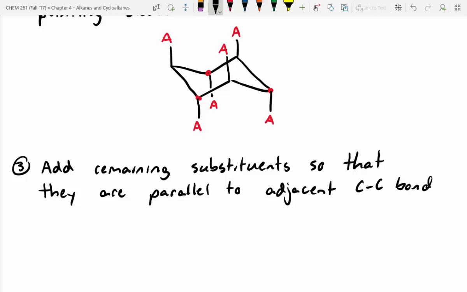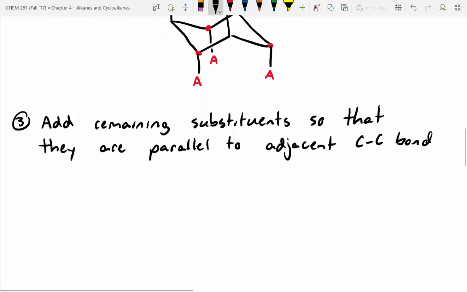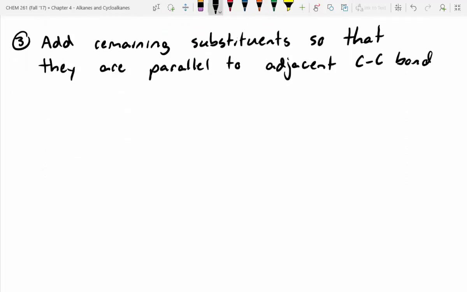So I'll show you guys how to do this, but let's copy our chair that we just did and then we'll add it all back in.